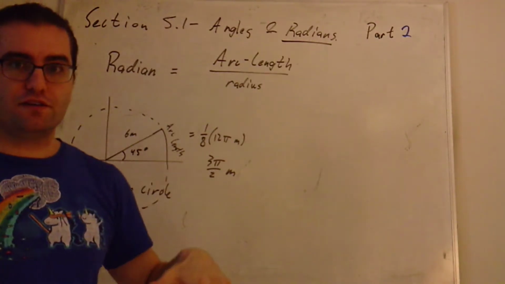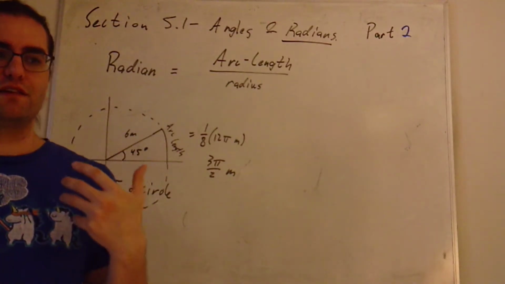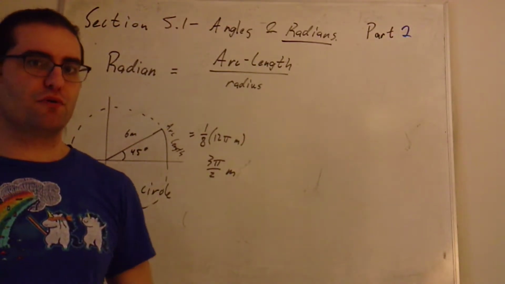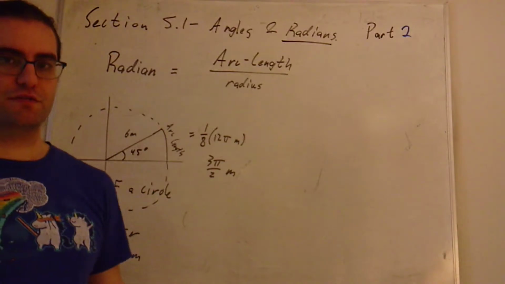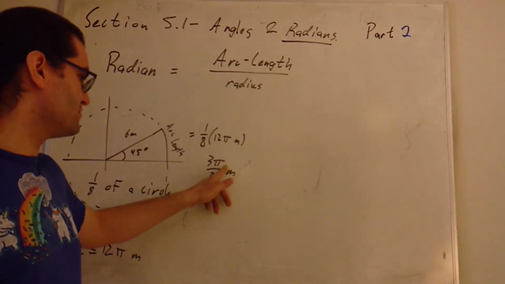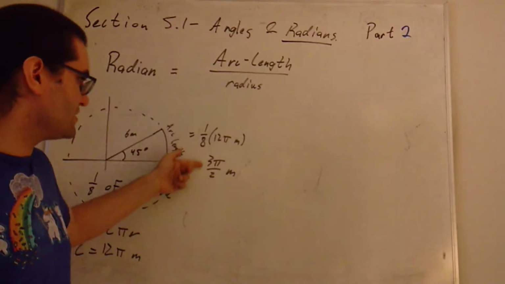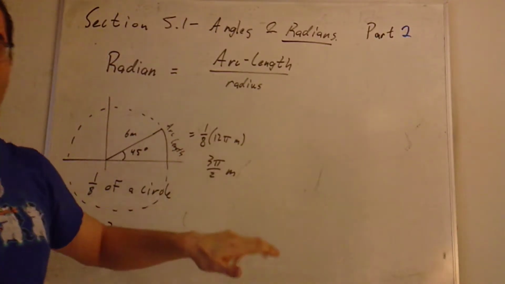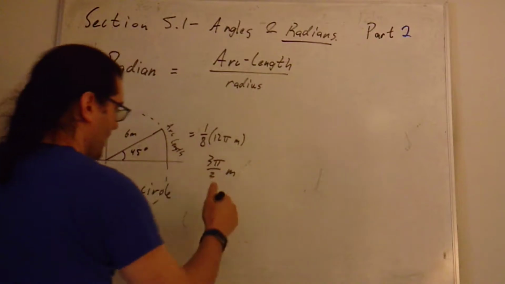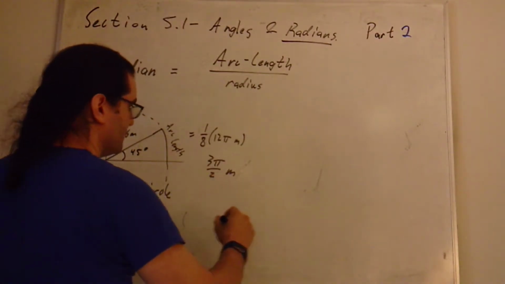For pre-calculus, we want to make things as exact as possible at all times. 3.14 is not exact. That's an approximation. So we're never going to use 3.14. We're always just going to use the symbol pi. And we can just leave this as 3/2 pi. That's exact. It's nice. We'll stick with that. So 3/2 pi meters is the arc length.